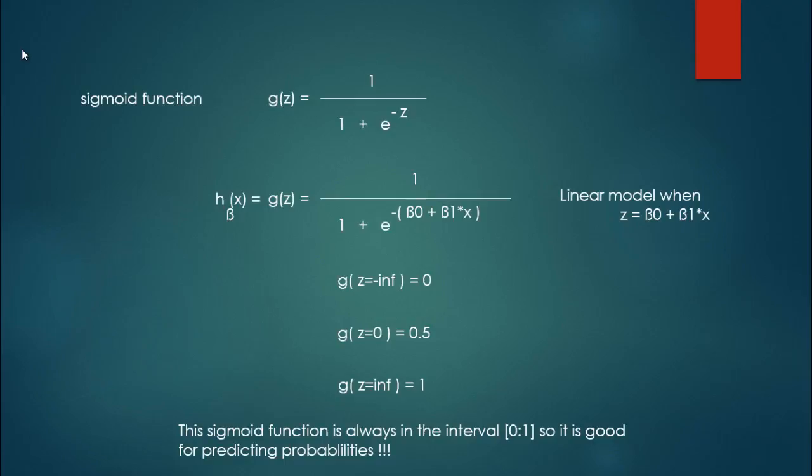If z is equal to 0, the value of this function is going to be 0.5, and when z is equal to plus infinity, the sigmoid function is going to be 1. So it's very good because it's always in the interval of 0 to 1, so it is good for predicting probabilities. And if you are familiar with probability theory, the probability must be between 0 and 1. So that's why the sigmoid function is very good.